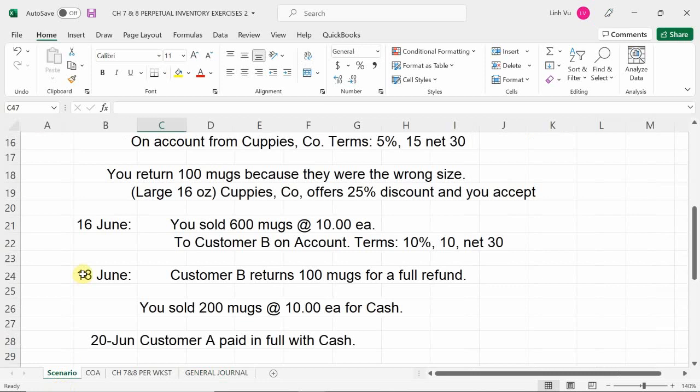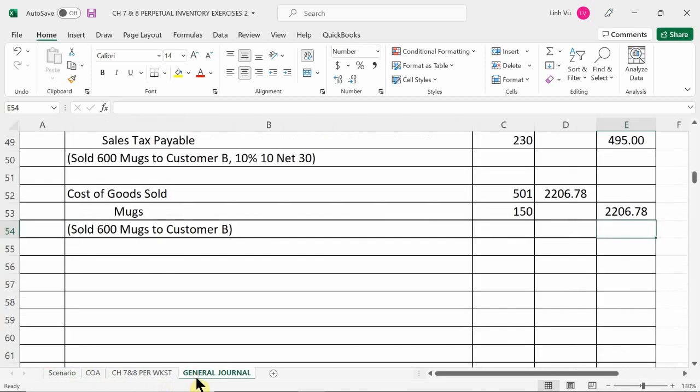So then what happened on the 18th? They make a return. They end up refunding 100 mugs for a full refund. Okay. So in this case, if customer B decides to make a full refund, how are you going to journalize this?